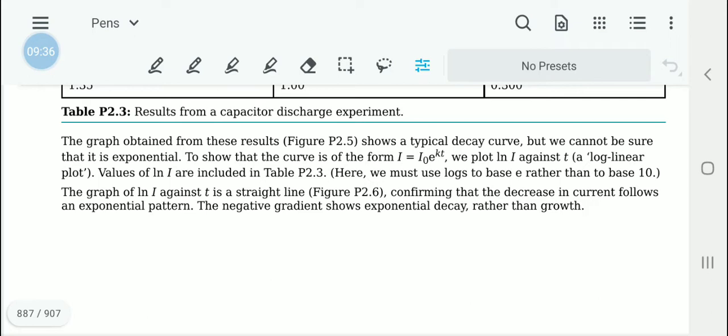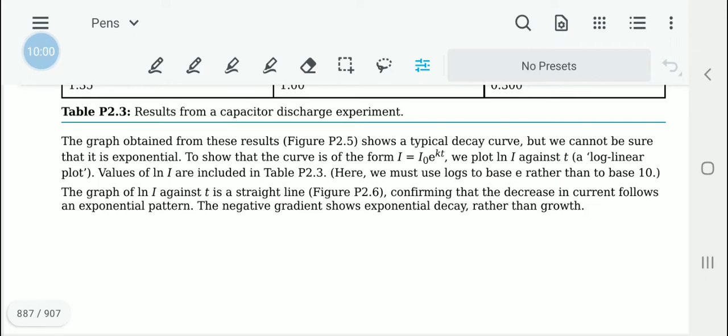Then we have to use logs to base e rather than to base 10, right? That is something you will be able to figure out when you look at the question. When we draw the graph of natural logarithm of I against t, it is a straight line.